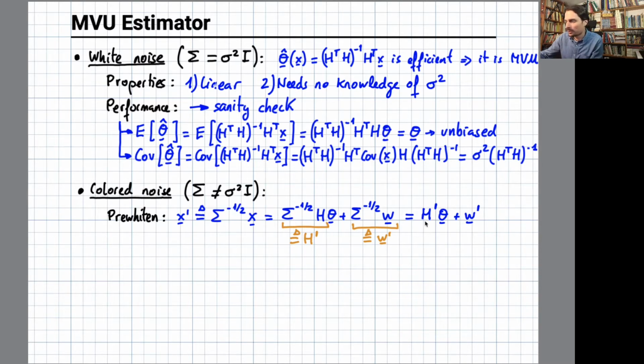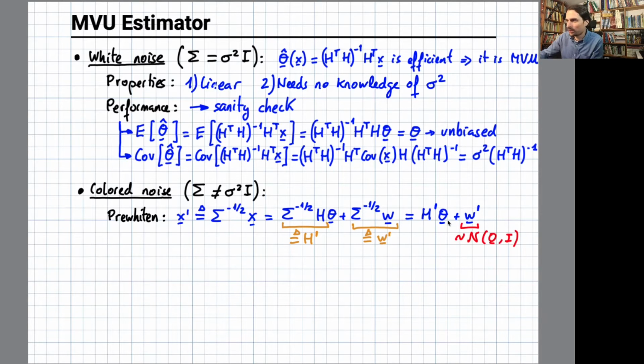So this again has the form of a Gaussian linear model. Since this W is Gaussian, multiplying it by a matrix gives us also a Gaussian vector. So this is a fully qualified linear model, but now these matrices and this noise vector are different from the one that we had before.